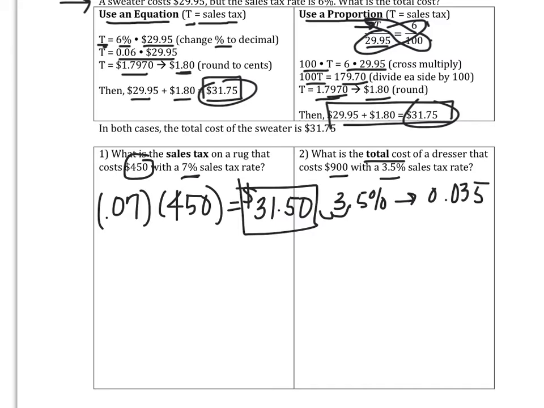We're going to multiply, it's 3.5% of 900. So we are going to take our tax rate times our original amount, multiply this out, and this is going to be the sales tax. So it's going to be $31.50.